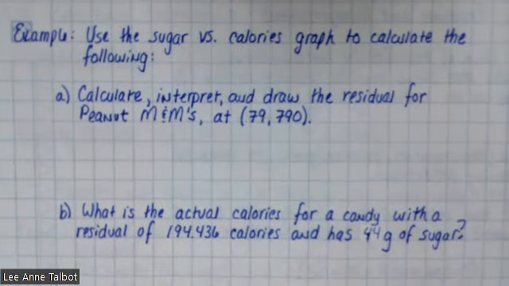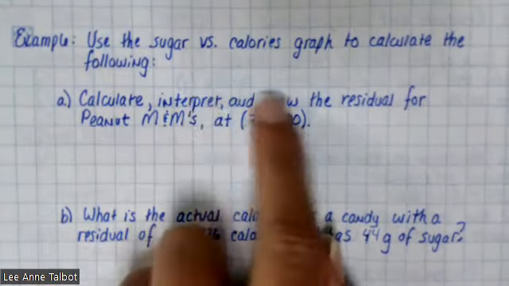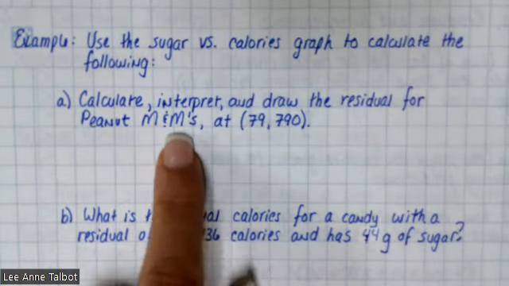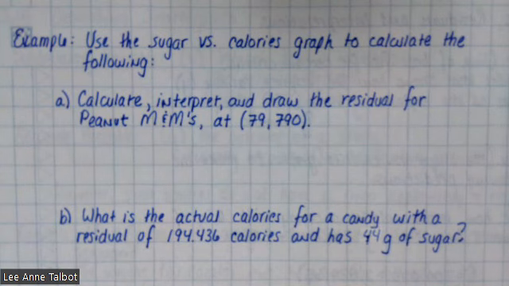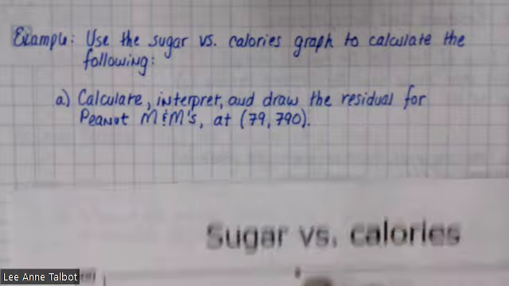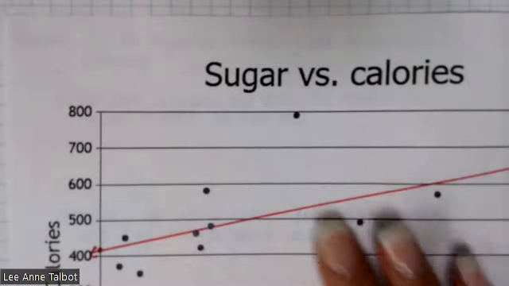Use the sugar versus calories graph to calculate the following. Calculate, interpret, and draw the residual for peanut M&Ms at 79, 790. Residuals are vertical lines from that point on the scatter plot to the regression line.